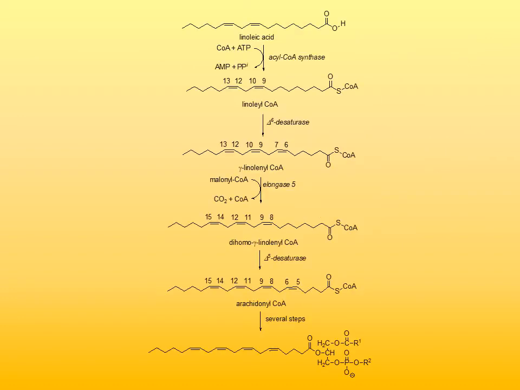The actual biosynthesis is shown here and involves acetyl coenzyme A derivatives of the acids, and the process is a little bit more complex. If you wish, you can pause the video here and examine the process in more detail.